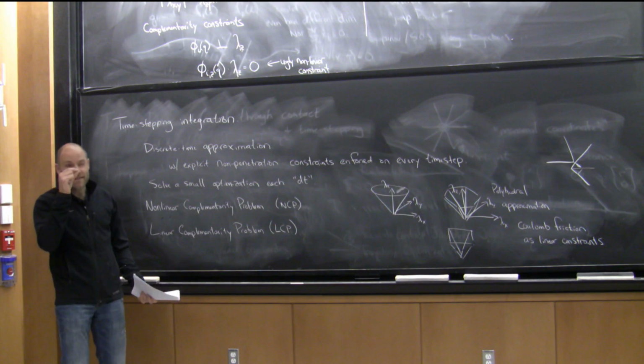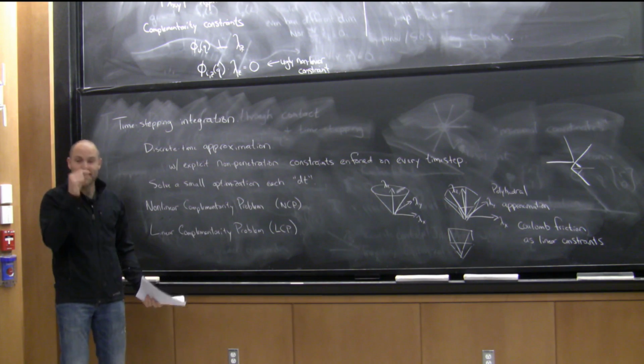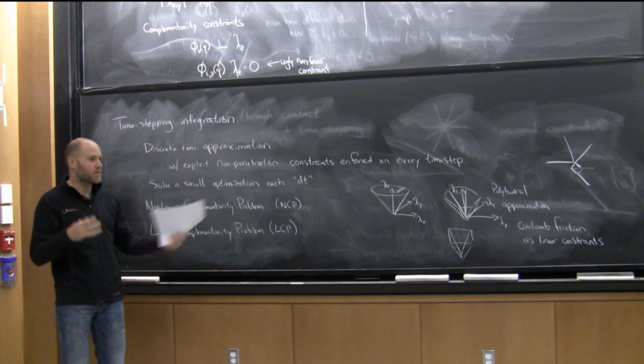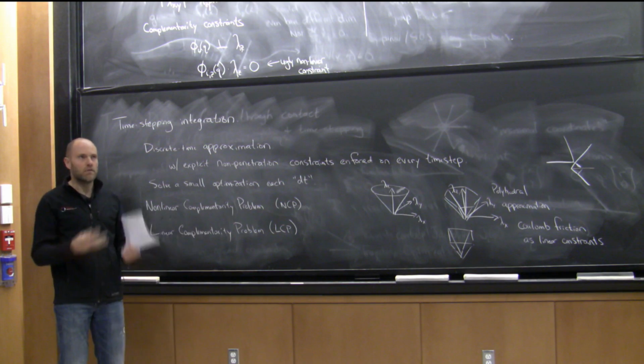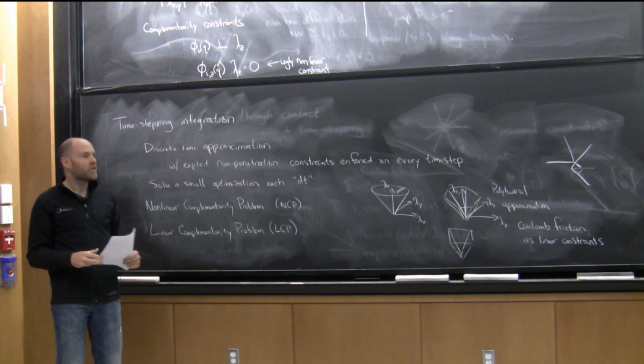If you zoomed in and inspected every possible thing, you'd see penetration happening all over the place, because they're cutting corners to solve it fast enough. But visually it's amazing, right?